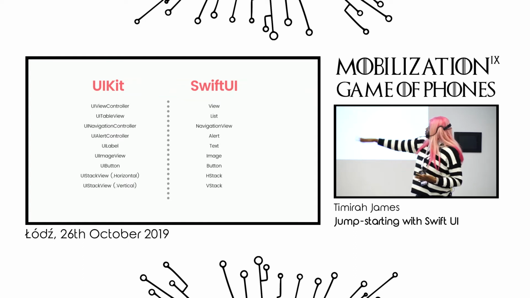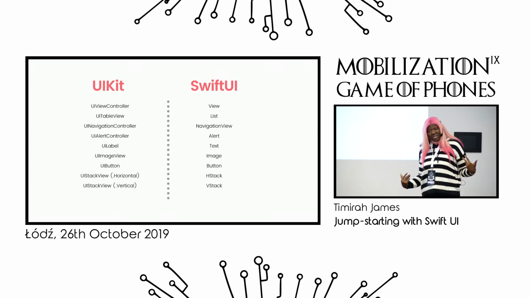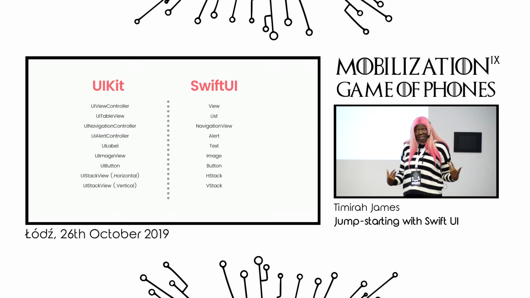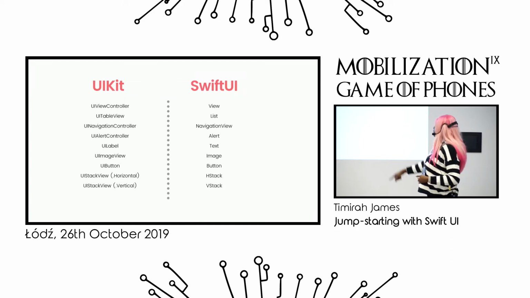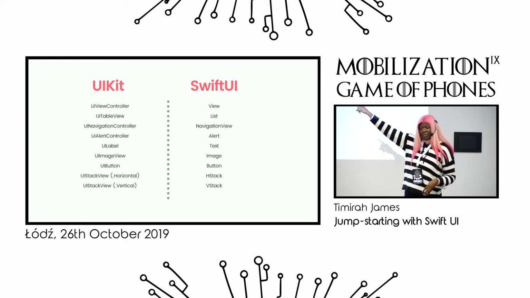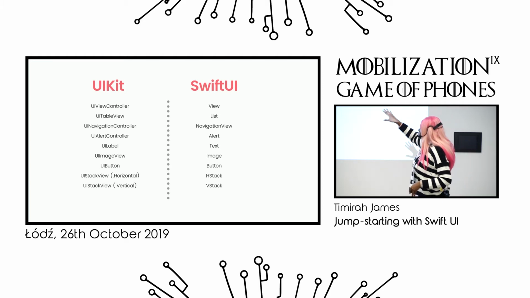So UIViewController is just View, okay? Which can be confusing because you're like, am I talking about UIView? No. In SwiftUI, when we make a reference to a view, it's an entire view controller. Same with a table view. Not a table view controller, but a table view is just known as a List. Navigation controller, NavigationView.